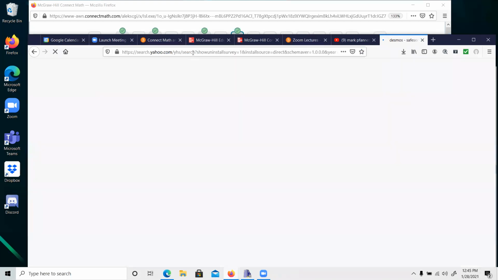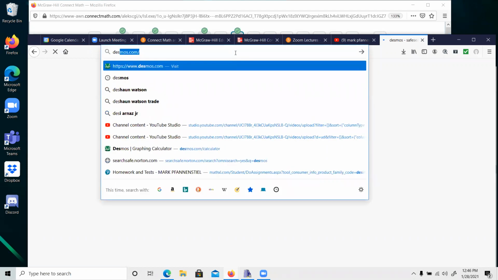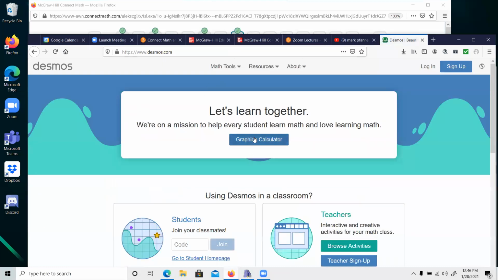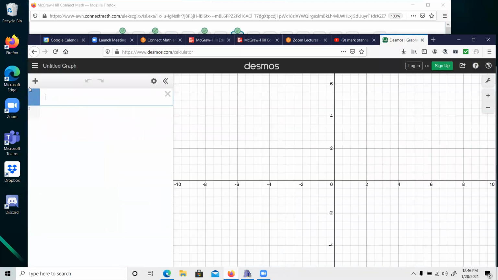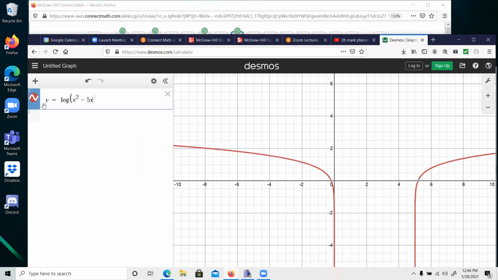I'll just put Desmos up because I always use Desmos. We have y is equal to log, doesn't matter which kind, of x squared minus 5x plus 6.